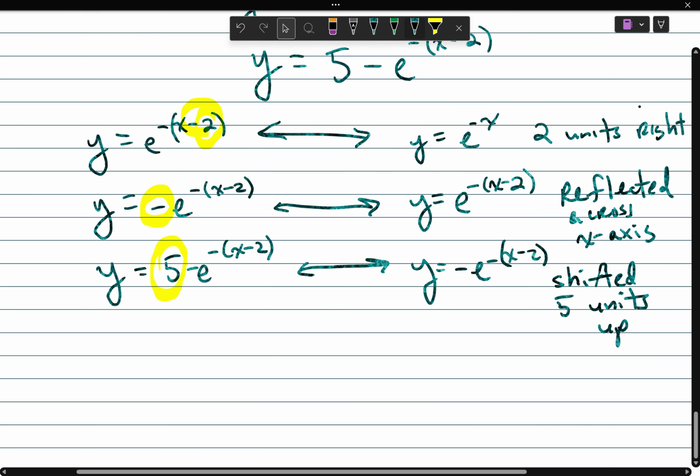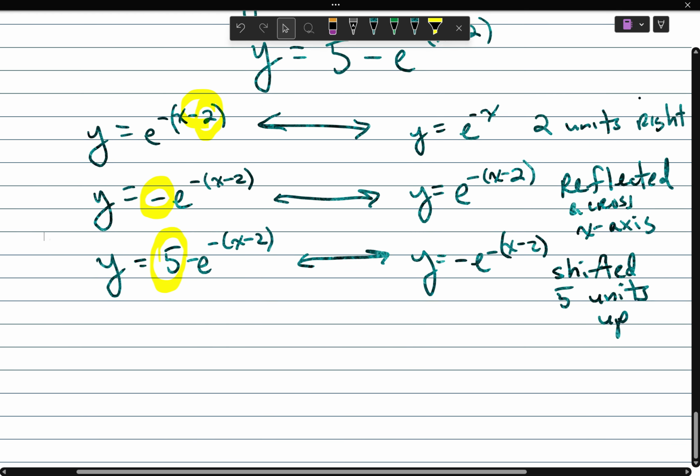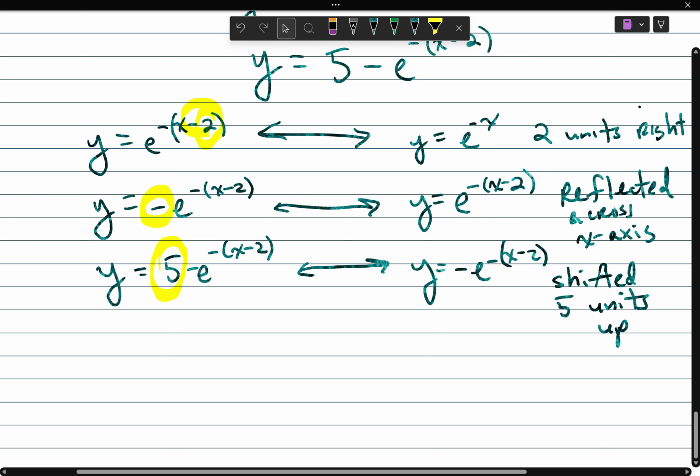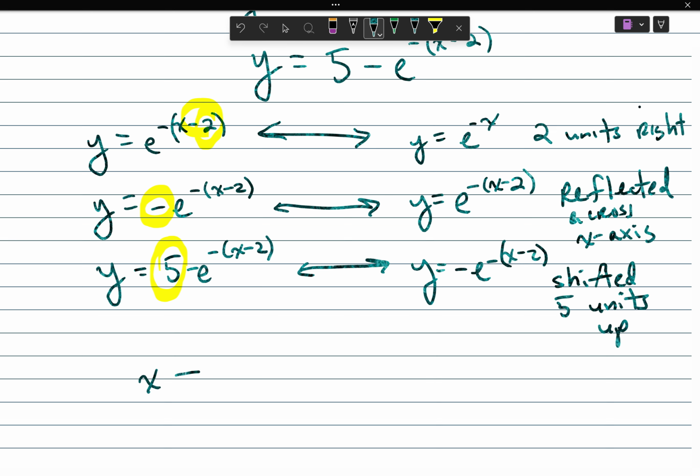Okay, with all of this information, we say to ourselves, the exponential function should have an asymptote. As x approaches infinity, e raised to that negative quantity of x minus 2 approaches 0. So think really deeply about that.